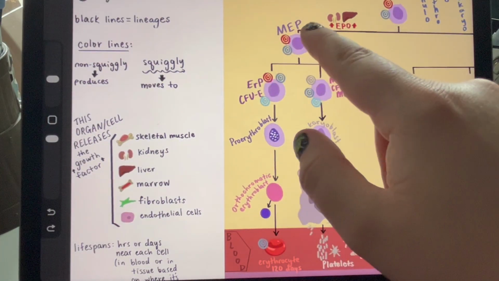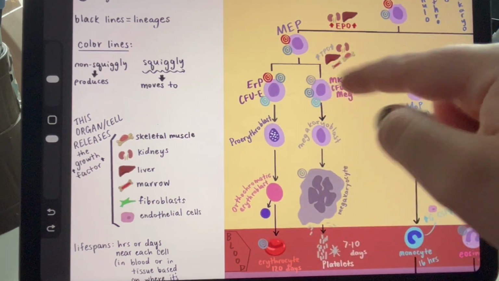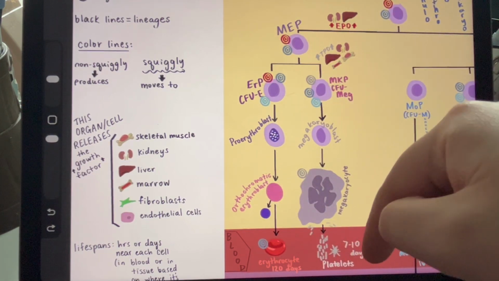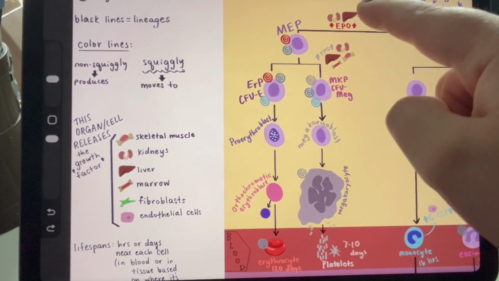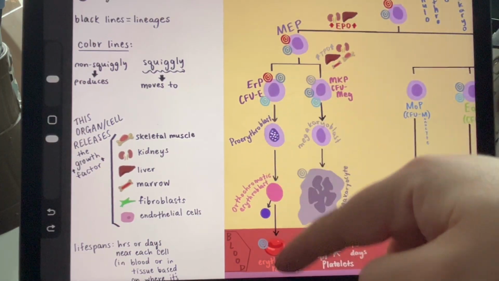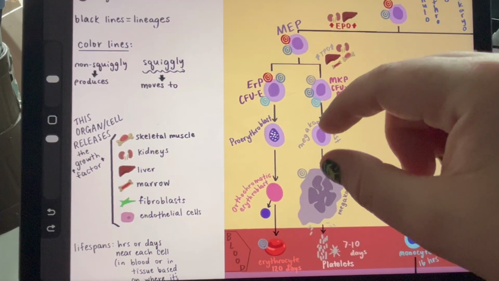And then you can see here where things start to go specifically into red blood cells, because the megakaryocyte is going to go into platelets, and we need more red blood cells. So we're getting increased EPO to generate more blood cells, encouraging this to differentiate down this pathway.